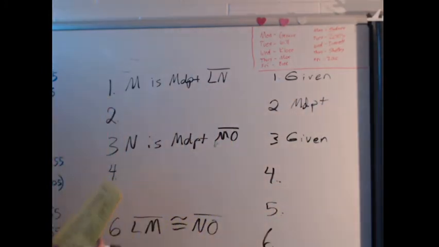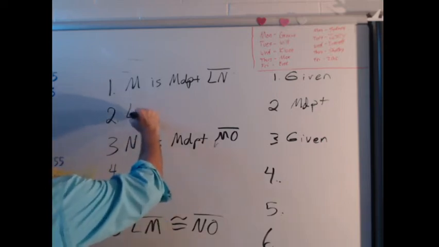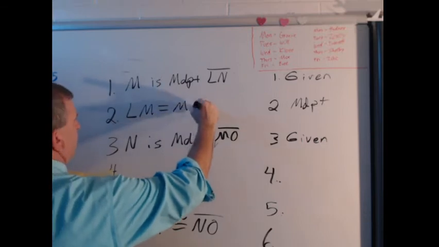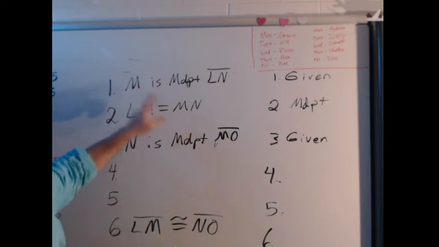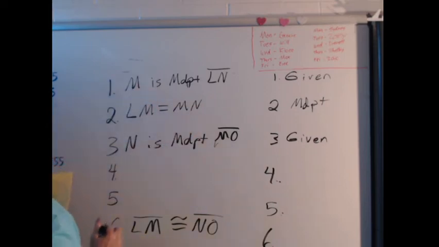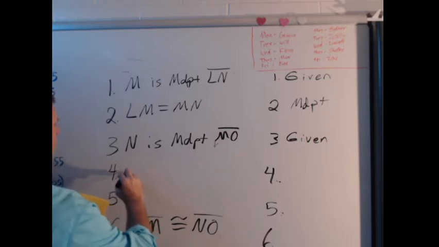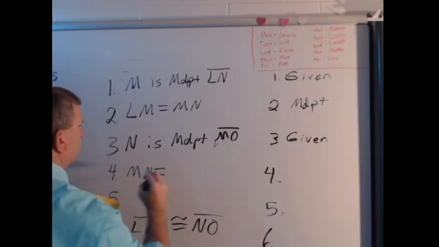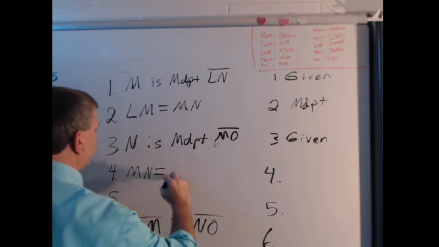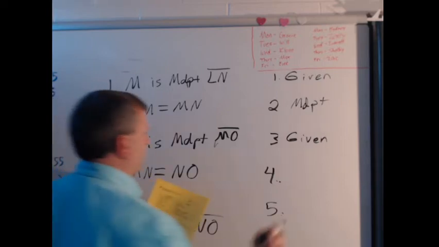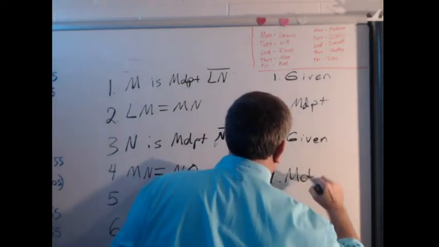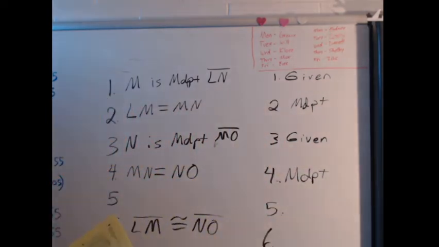Now, if they're telling us the definition of a midpoint, then I know that LM is equal to MN. M is the midpoint, LM is equal to MN. And if N is the midpoint of MO, then I know that MN is equal to NO. And again, that's midpoint. So you see given, midpoint.